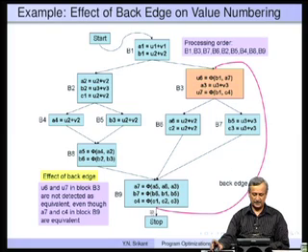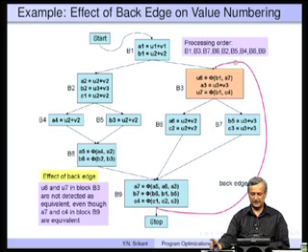Unfortunately, even though A7 and C4 are equivalent, we have not processed this block, so we have not found that A7 and C4 are equivalent. We are processing this block, and there is a back edge here. Because of that, we do not find U6 and U7 as equivalent; they are not found to be redundant phi functions, because A7 and C4 are not yet found equivalent.